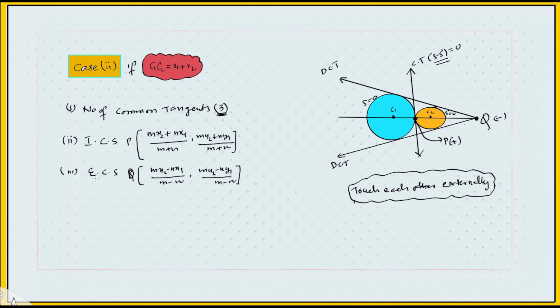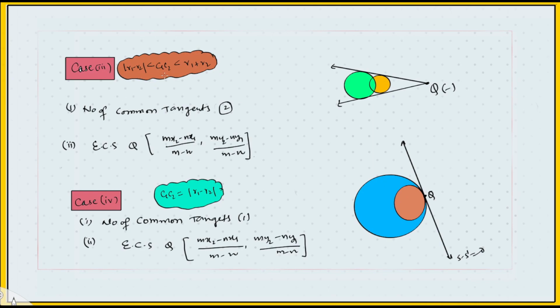The external center of similitude Q formula is (mx2 minus nx1) by (m minus n), comma (my2 minus ny1) by (m minus n), where m is to n is the ratio r1 to r2, and x1 y1 are the coordinates of center C1, and x2 y2 of center C2.